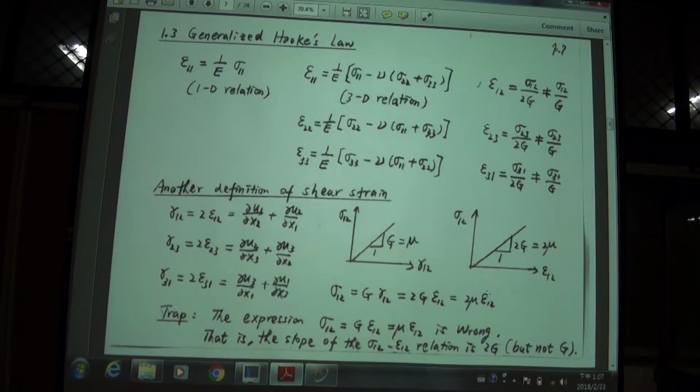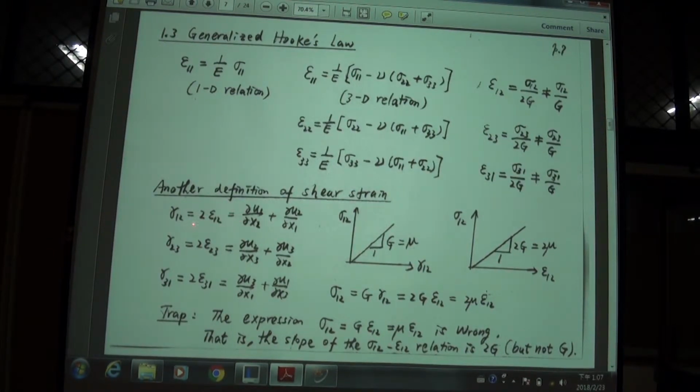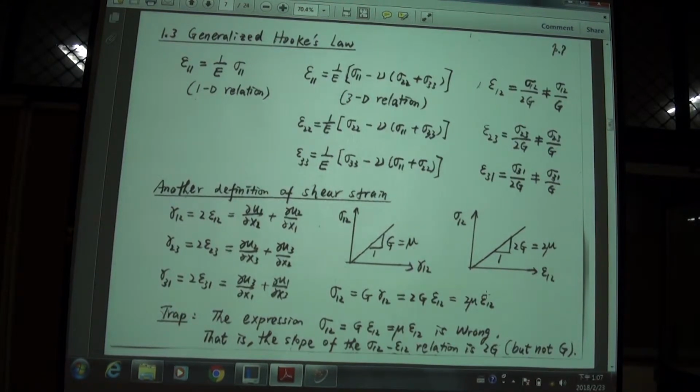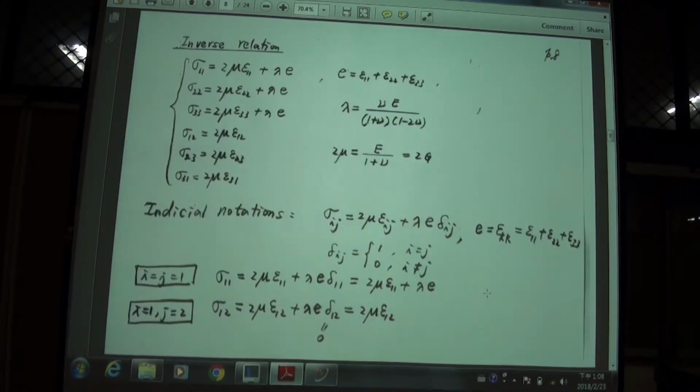So I don't want to spend too much time here explaining why in numerical computation mechanics we need to have 1/2 here. But remember, don't get into the trap. This is the trap.